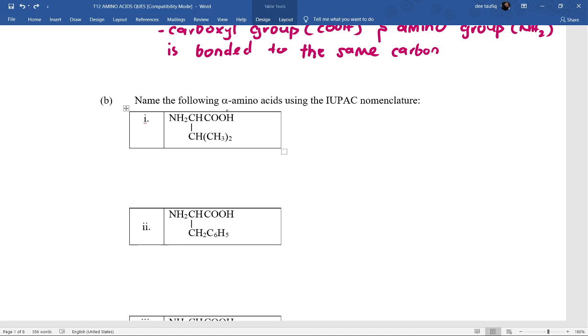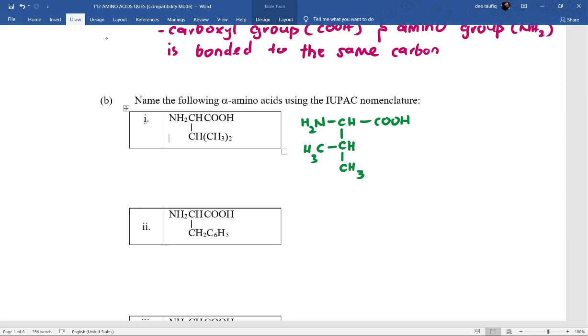So question B, name the following alpha amino acid by using IUPAC nomenclature. If I redraw the structure again, NH2 bonded to CH, then bonded to COOH. Down here we have CH, and then we have CH3 and another CH3.